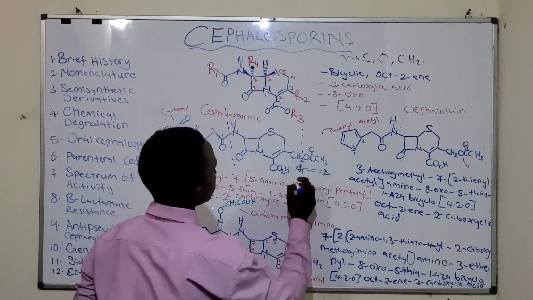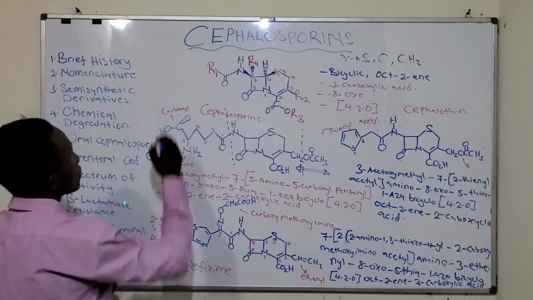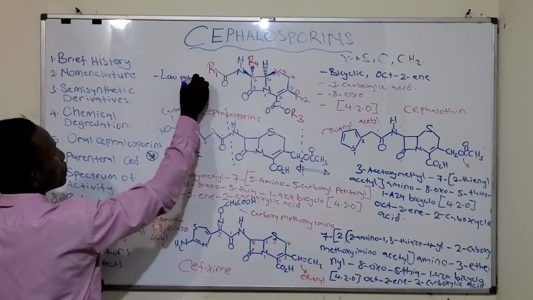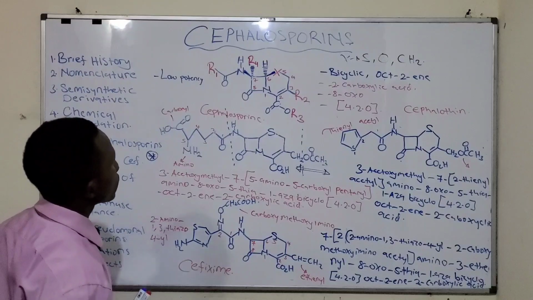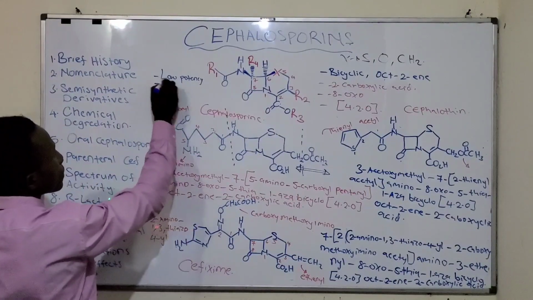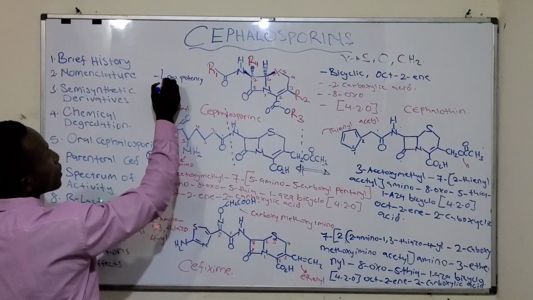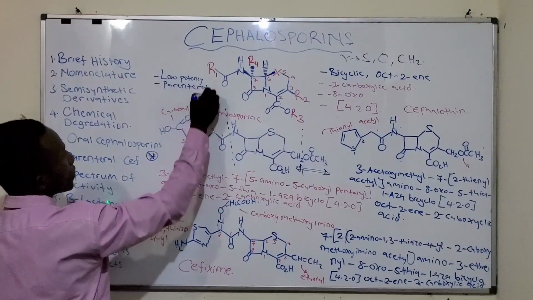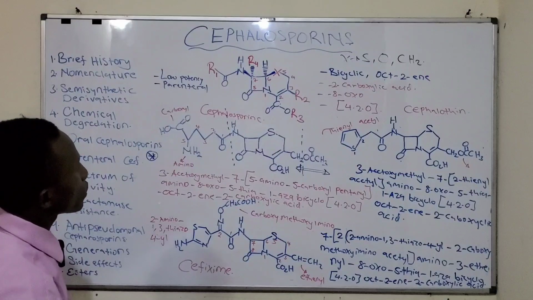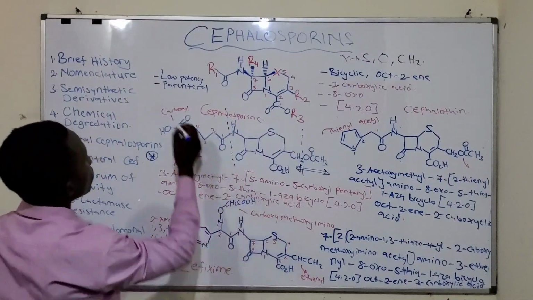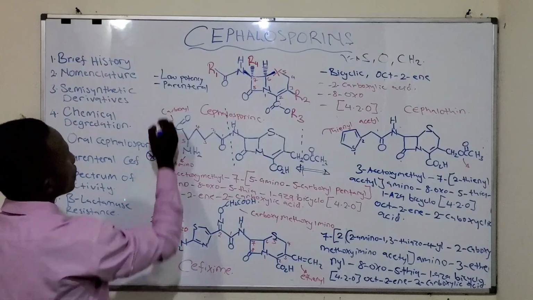So it had low potency because it is highly hydrophilic. Then it was mainly parenteral, so they had to get alternatives to make oral cephalosporins.